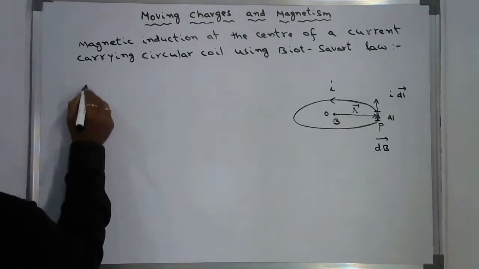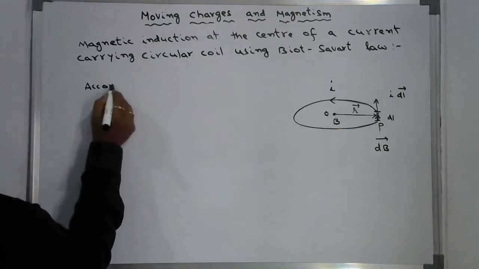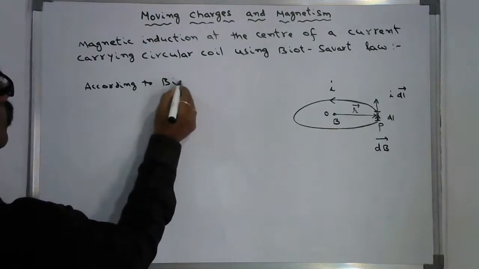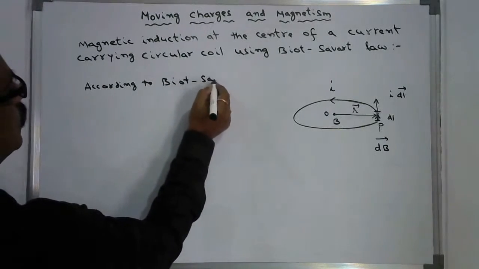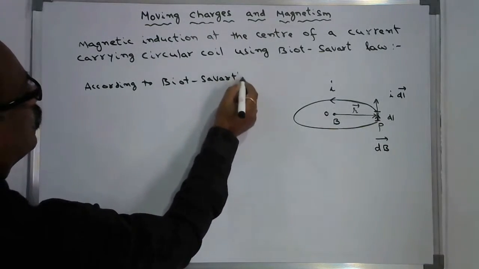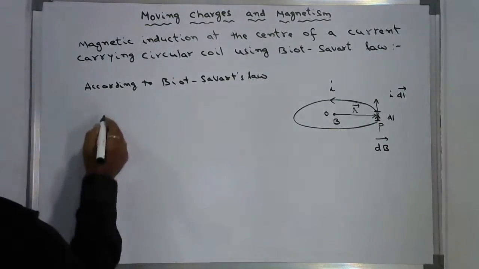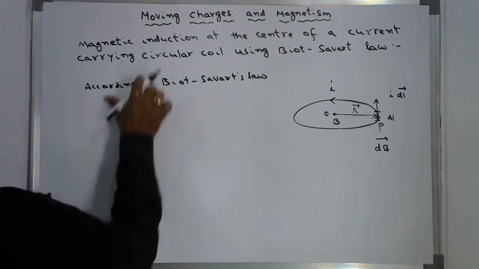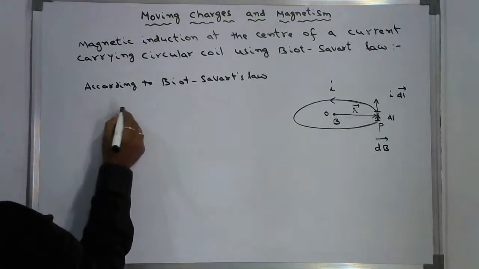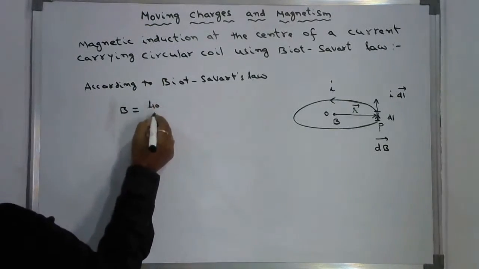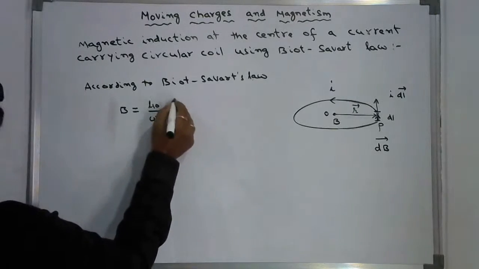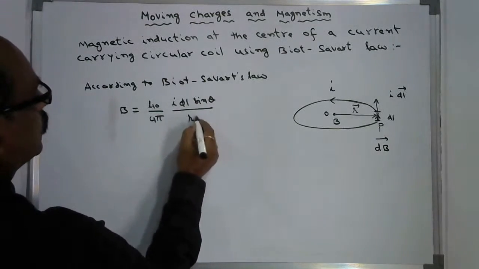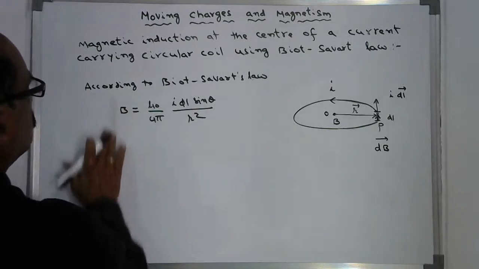According to the Biot-Savart law, B is equal to mu naught by 4 pi, integral of I dl sin theta by r square. This is what is called the Biot-Savart law.